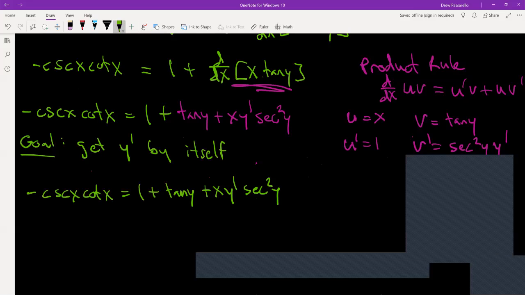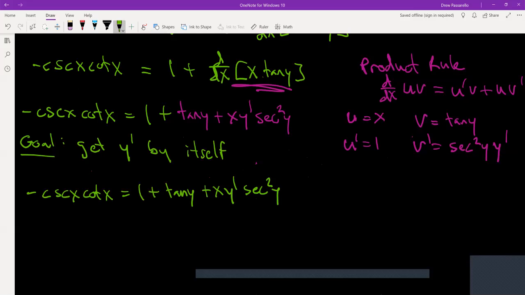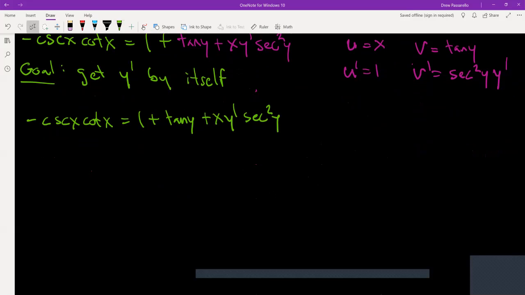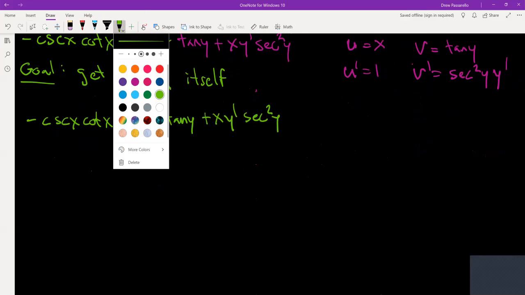To achieve that goal, the only term that has y prime is the x y prime secant squared of y. So I'm going to get that by itself. The first thing I need to do is get rid of the 1 and the tangent y.